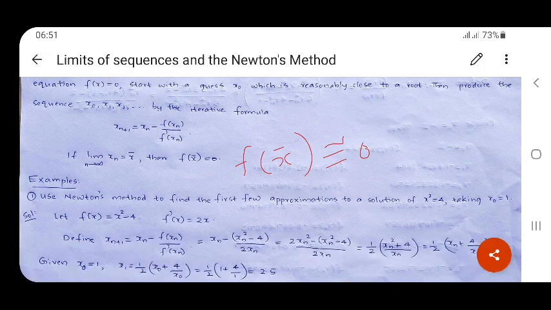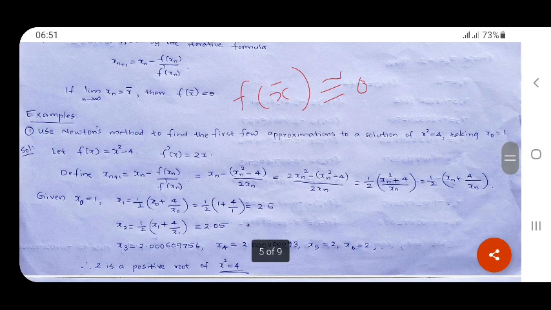We will see certain examples. We may be able to locate in between which two real numbers it lies, but we may not be able to exactly say this is the root. But we can always approximate.